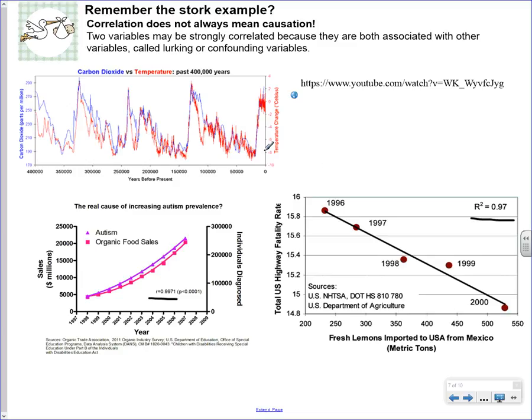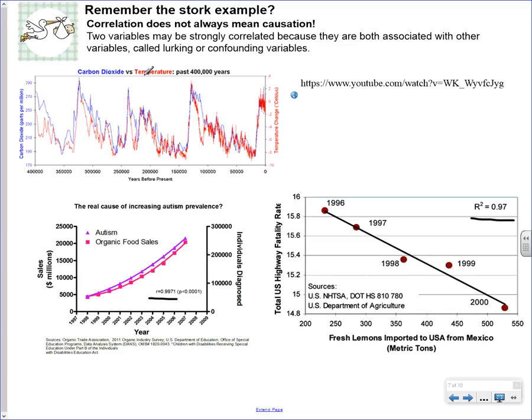This is another example with global warming, looking at maybe not necessarily one thing causing the other, but trying to figure out which is the explanatory and which is the response. So many scientists have said that as we increase our carbon dioxide, the temperature is increasing, right? So we need to decrease our carbon dioxide so that the temperature comes down.